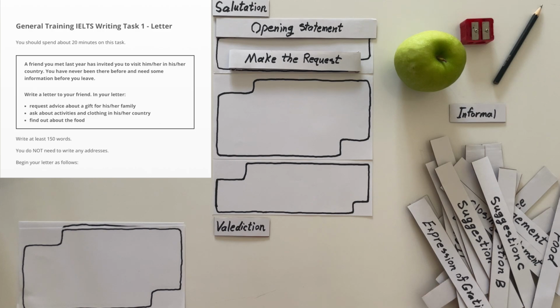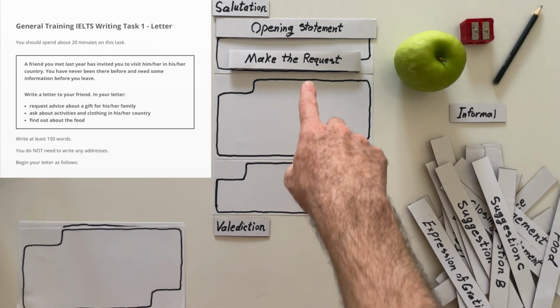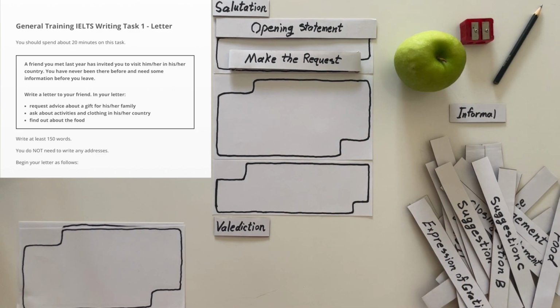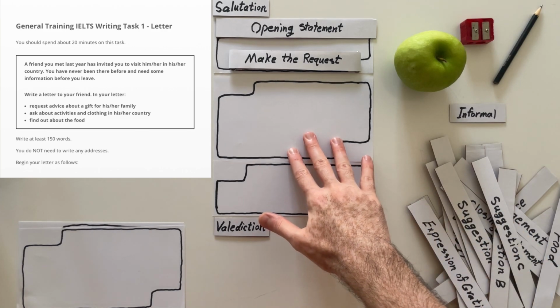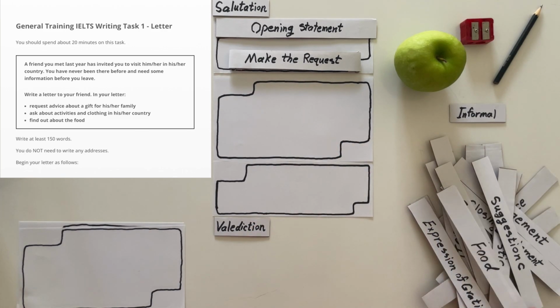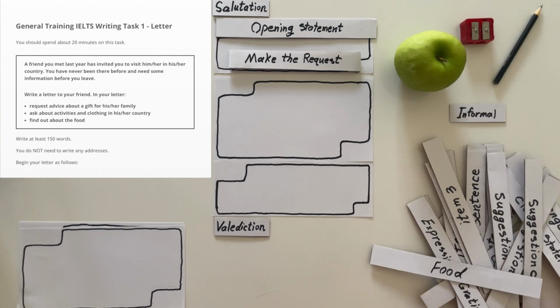I don't know what your family loves, your mother, your father, and let me know what works best for them. So you make a request over there, and then in the first body paragraph, I need a topic sentence.